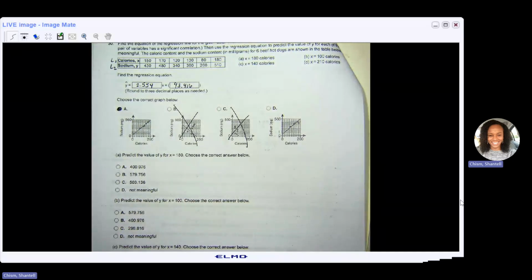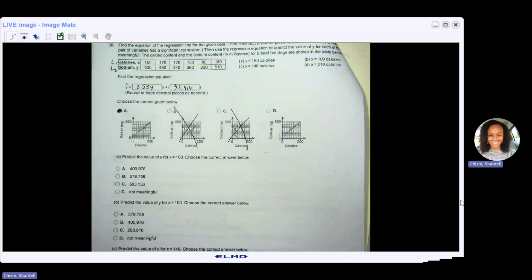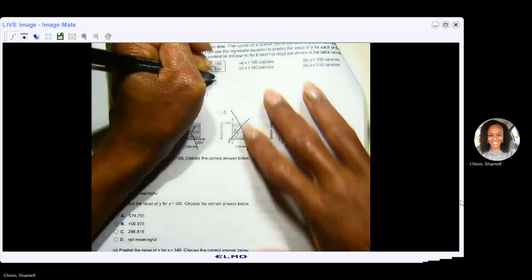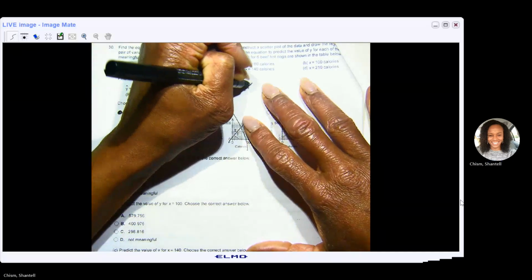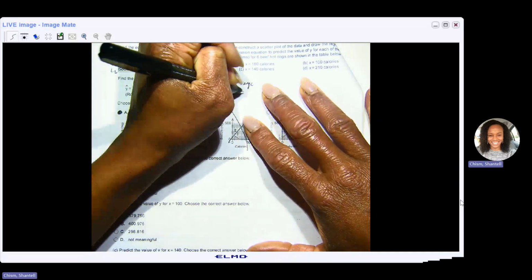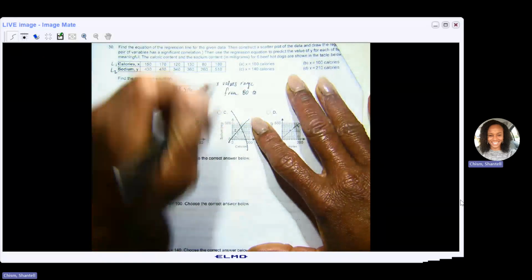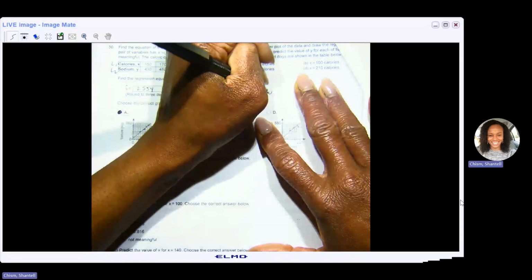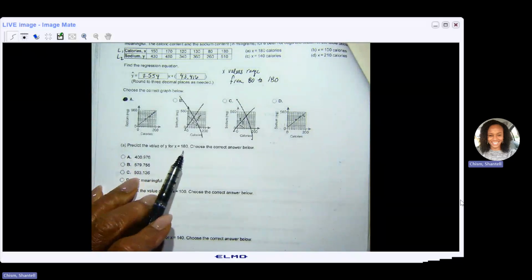Now, the last part here is to predict the value of y given each of these x values. Your x values range from the smallest value of 80 to 180. So we can predict for 180. 180 is within that range.